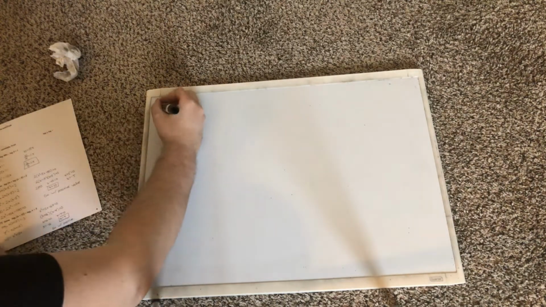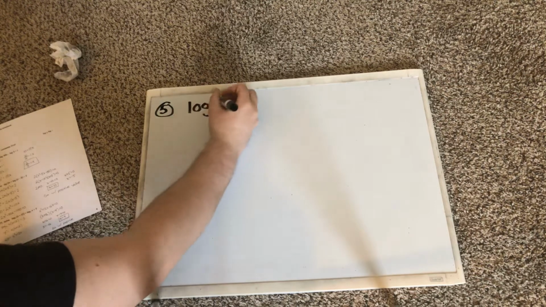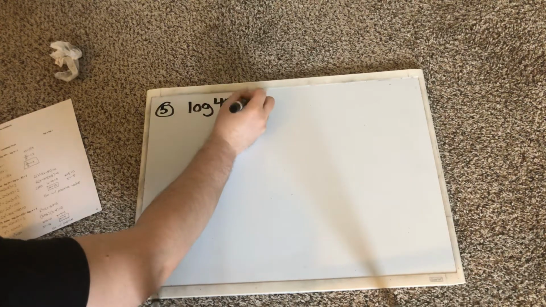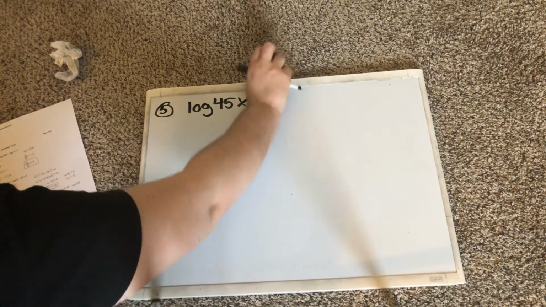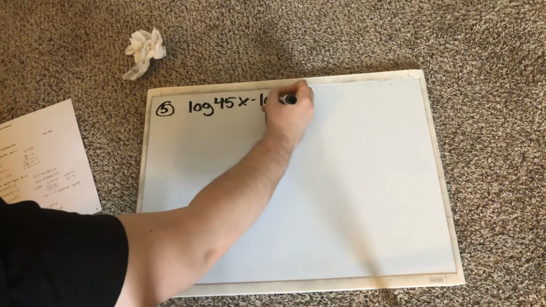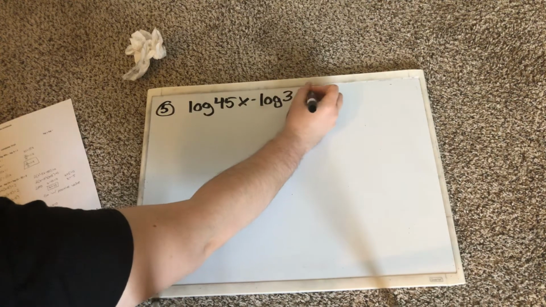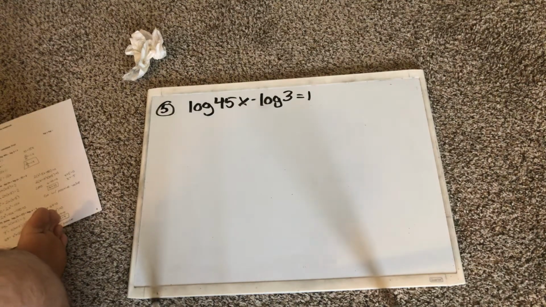So for number 5, I have log 45x minus log 3 is equal to 1. Okay, well, I have to condense first.